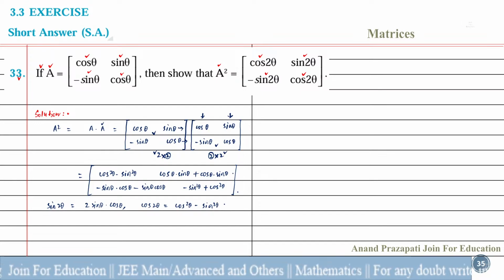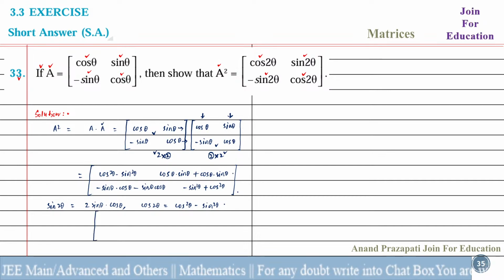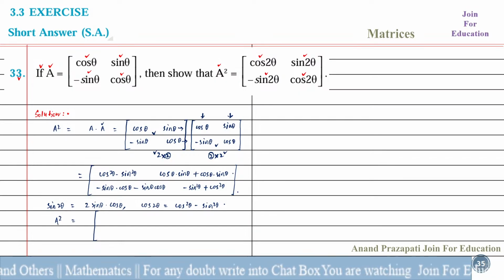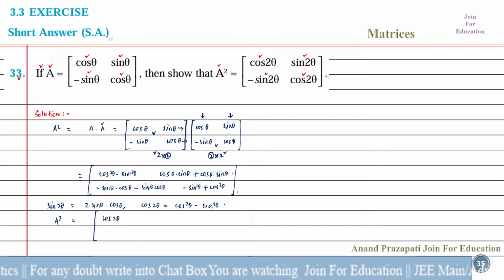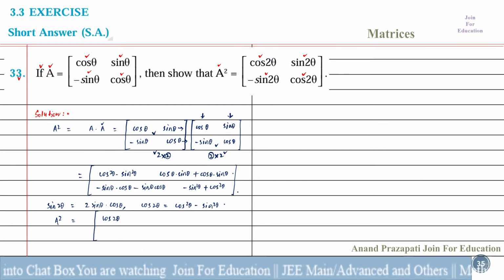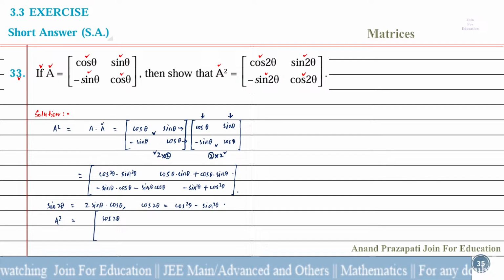Therefore the next step here will be a square equal to cos square theta minus sin square theta equal to cos 2 theta, cos theta into sin theta plus cos theta into sin theta equal to 2 cos theta sin theta equal to sin 2 theta.